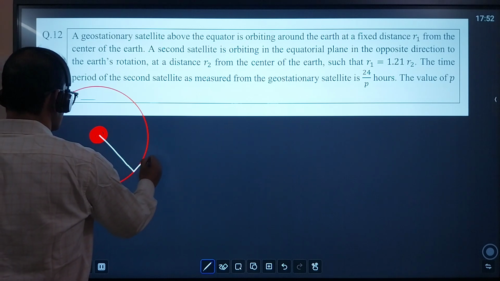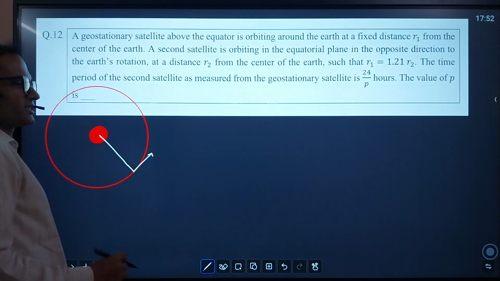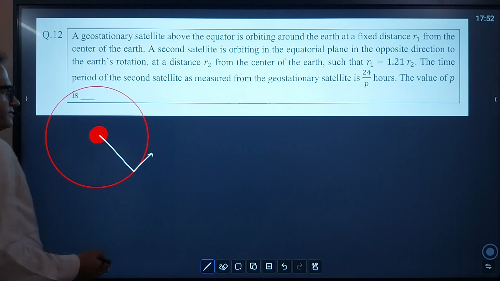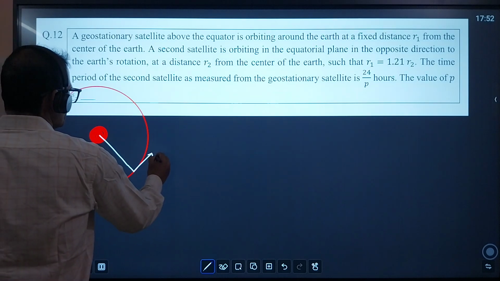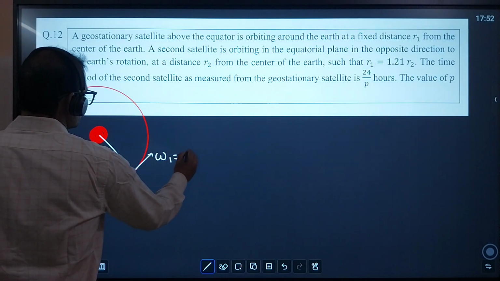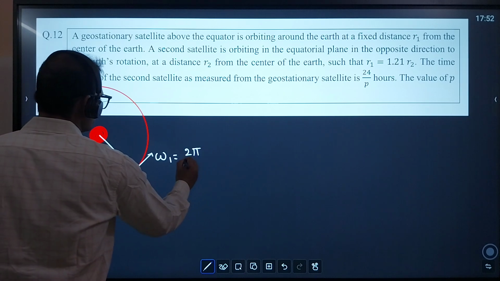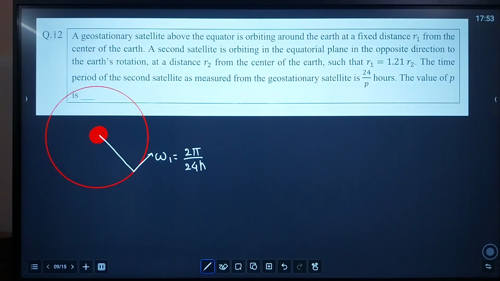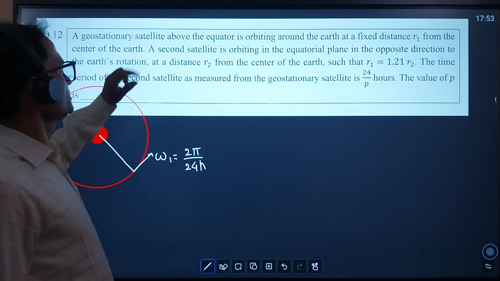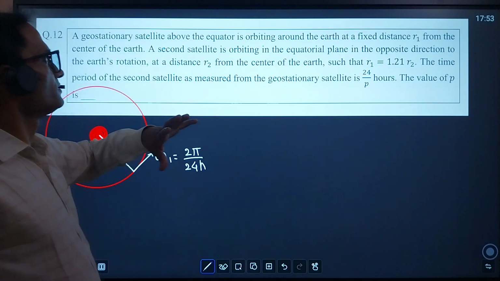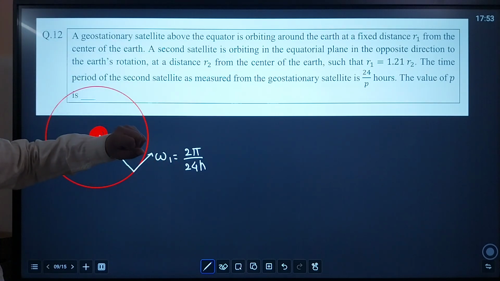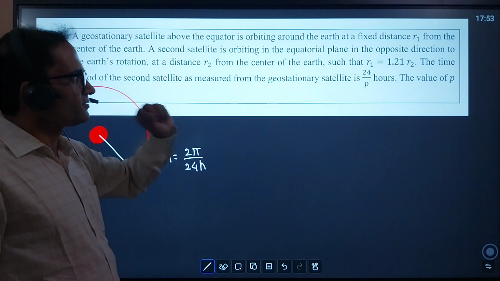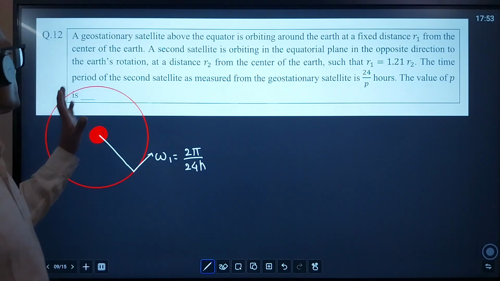We have a geostationary satellite, and it is moving with an angular velocity omega equal to 2 pi by 24 hours. It is above the equator, orbiting around the earth at a fixed distance r1 from the center of the earth.